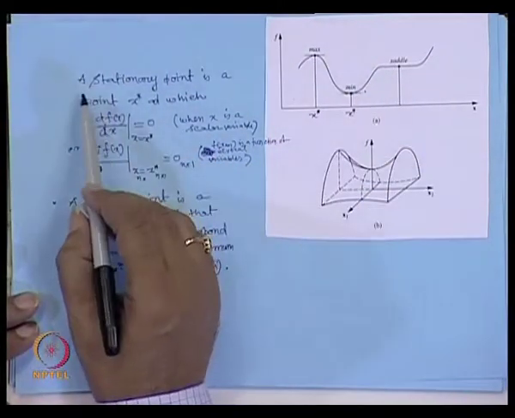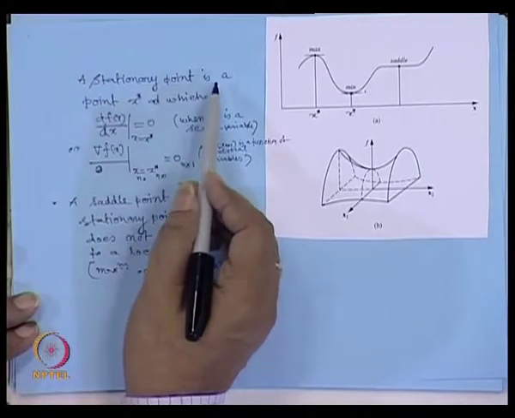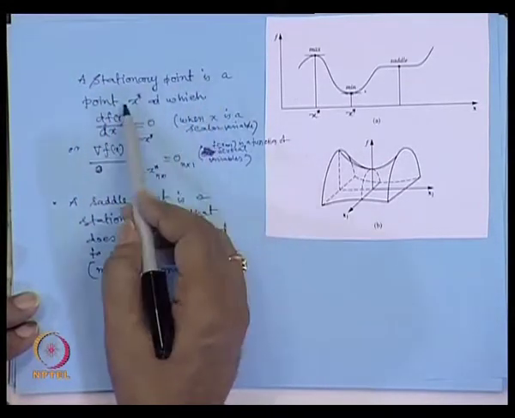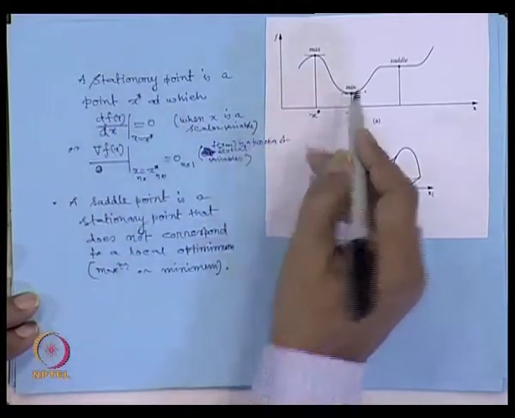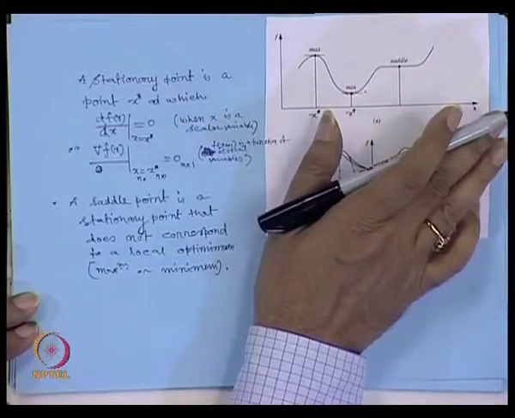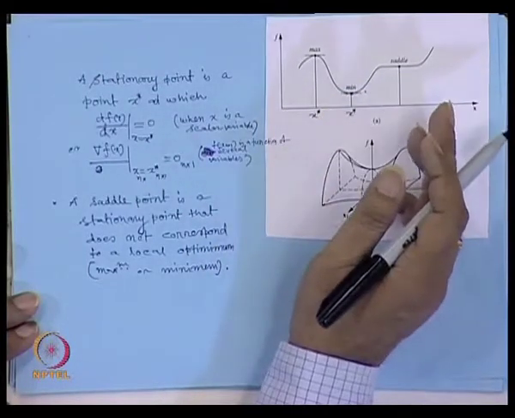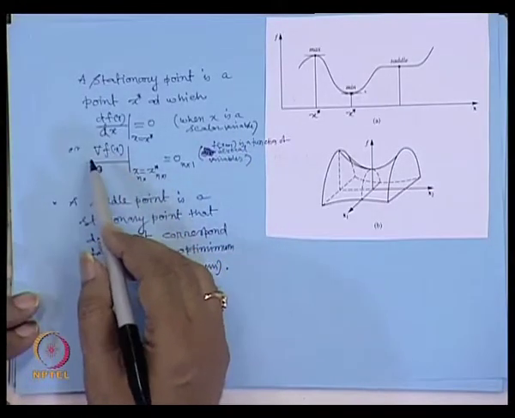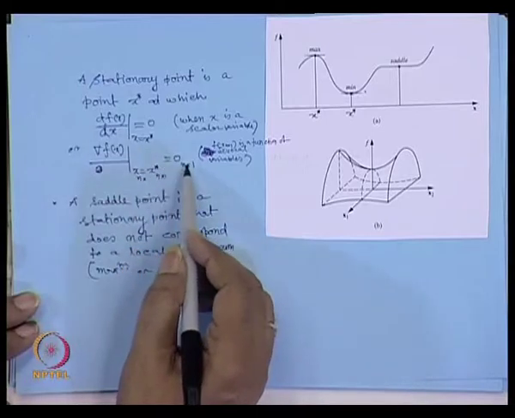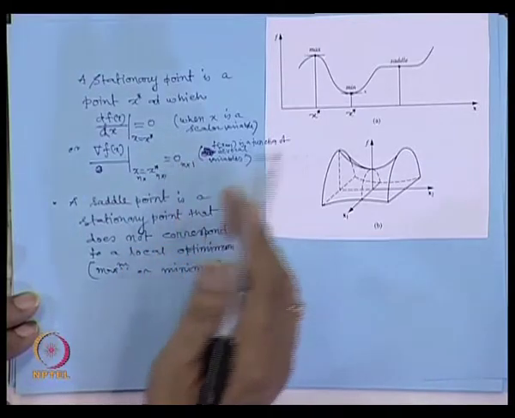A stationary point is a point x star at which the derivative of the function is 0, when the function is a scalar one. But in case of a function of multiple variables x 1, x 2, up to x n, then we will show the gradient of this function must be equal to the null vector. Then only we will get at that point the maximum or minimum value of the function.